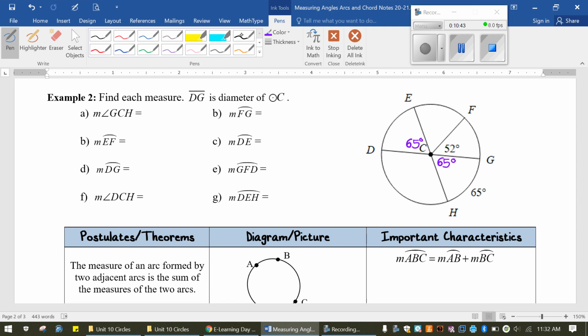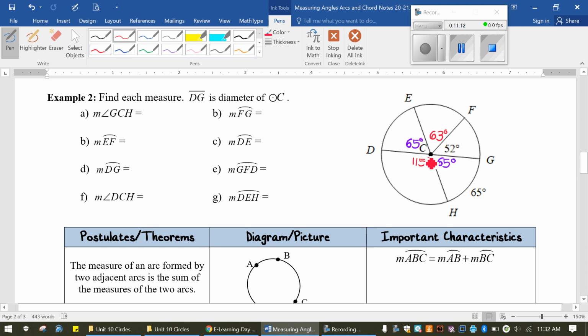And now I know that my diameter is DG. So that means together, these three angles add to 180. So if we do 180 minus 65 minus 52, we'll get 63 degrees here. And then if we do 180 degrees minus 65 degrees, this will be 115 degrees.